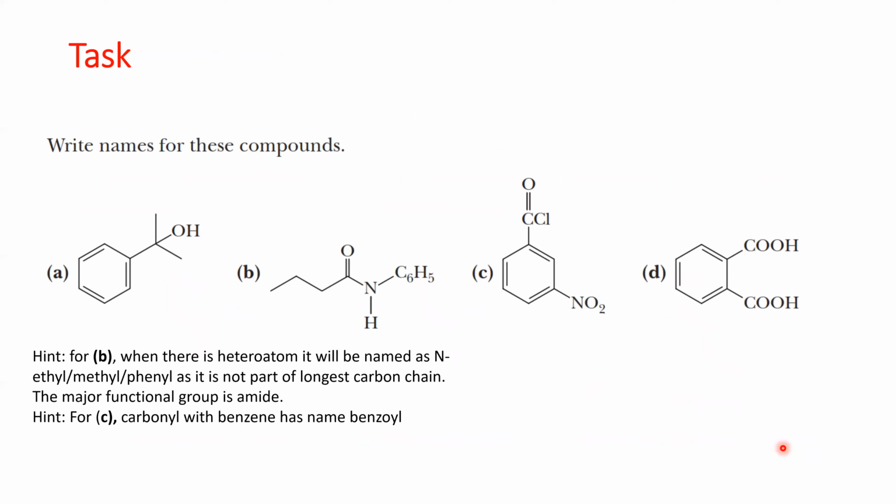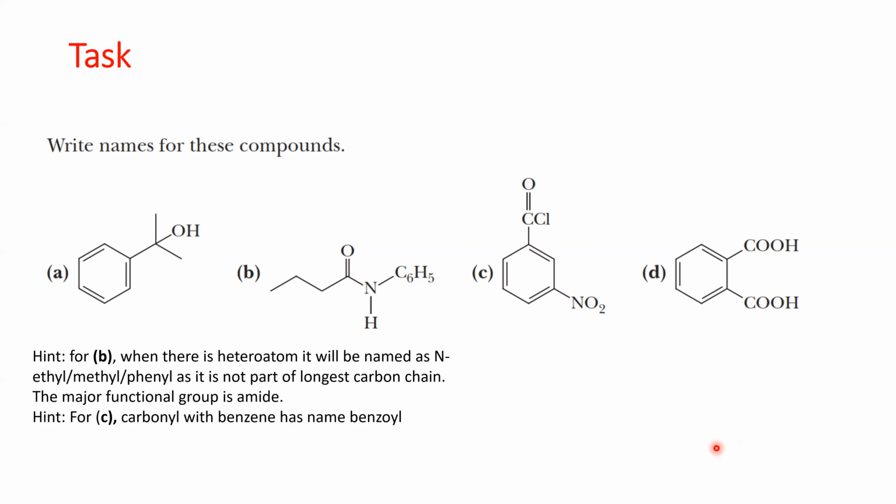Now at the last, there is a task for you. And here I have mentioned four substituted and mixed aromatic or benzene analogs, and you have to write their names according to IUPAC naming, by mentioning the positions and the numerals, but of course, where possible, you will use their special name system.